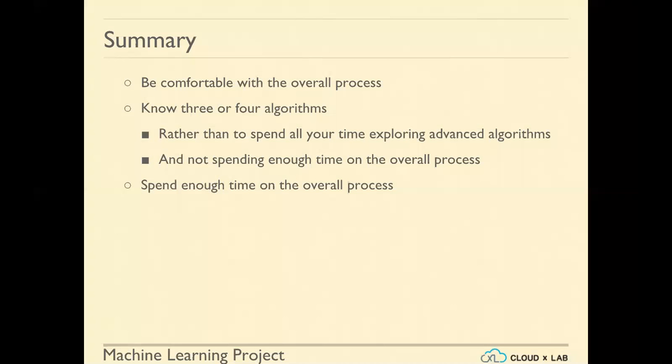The difference between various algorithms' performance is not too high. So instead of spending all of your time exploring advanced algorithms, spend more time automating your overall process and making it strong, such as the steps we talked about in this course. You should not miss out on most of these in your real project.